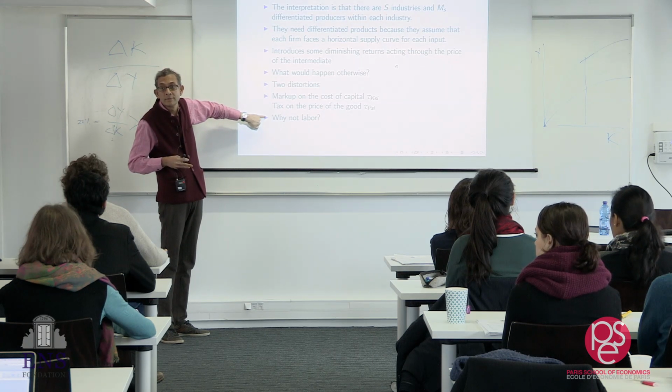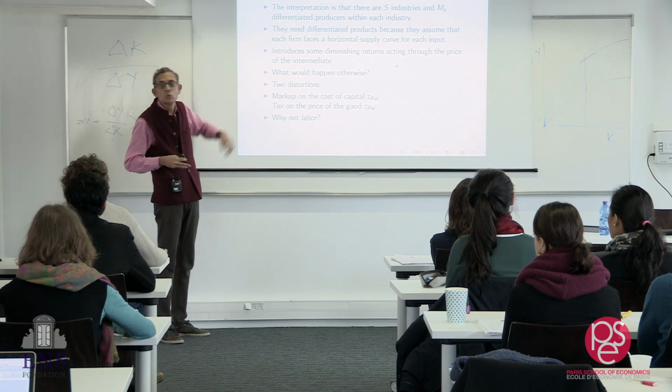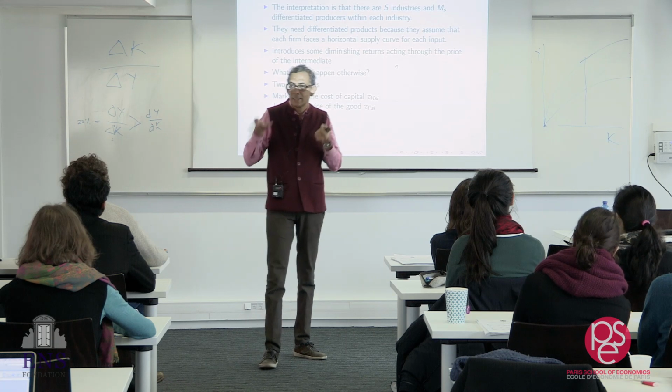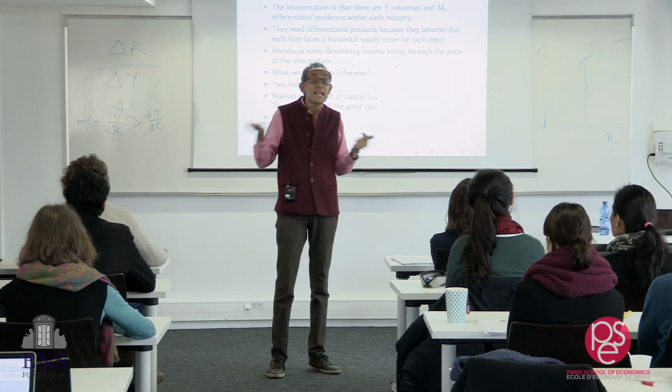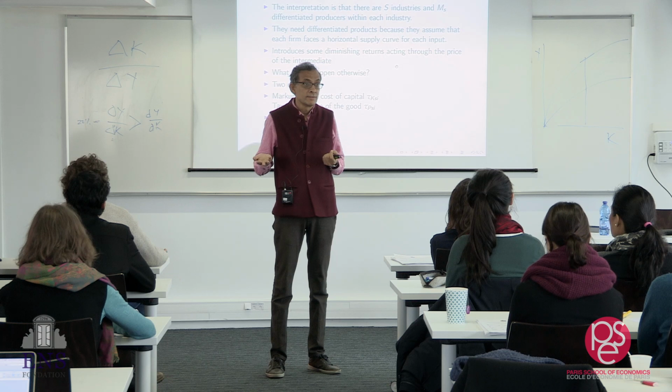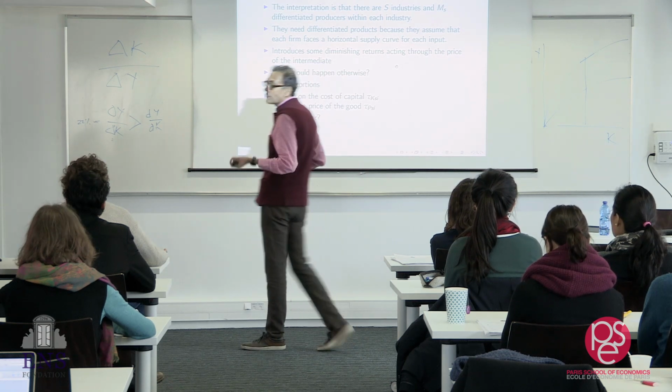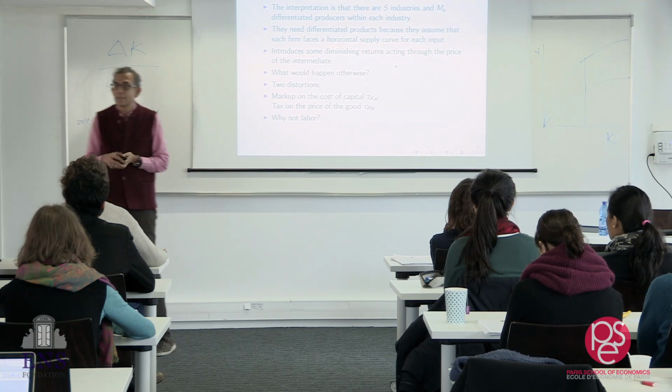There are only two in a maximization problem. What matters is the price relative to the wage. So once I have the price varying, I can't also have the wage varying. There are only two parameters that are free.